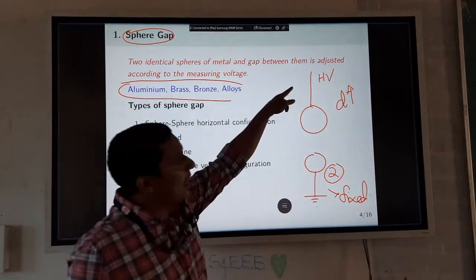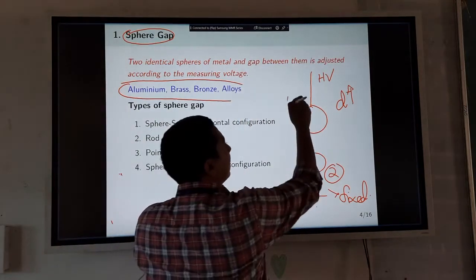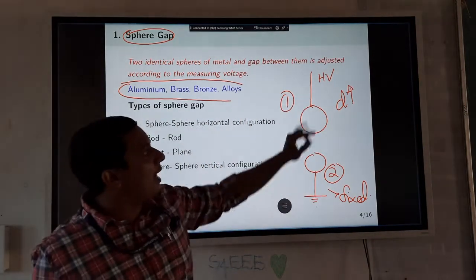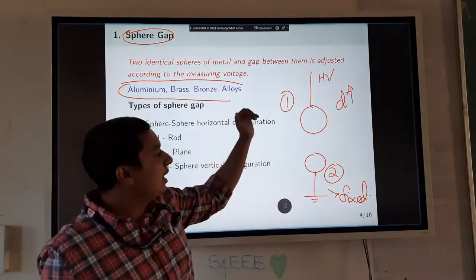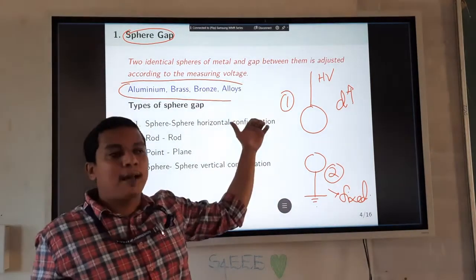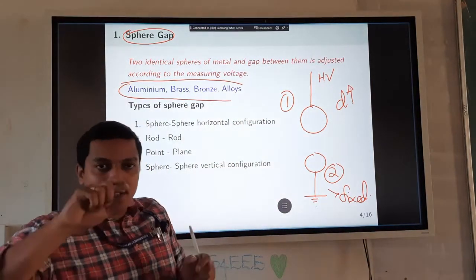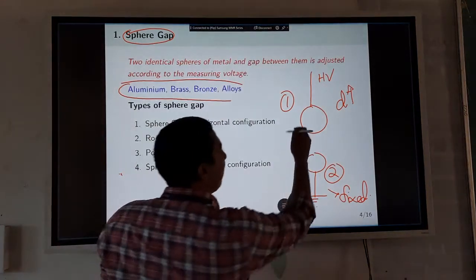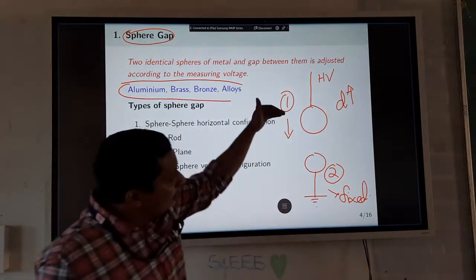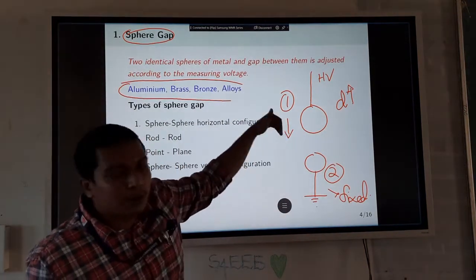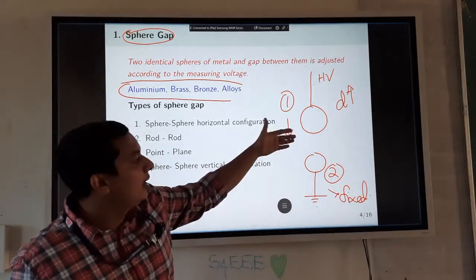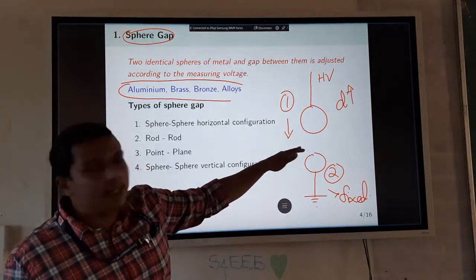Once we apply our high voltage to the first sphere, we know that breakdown is not happening, and outside the control room we will start decreasing the distance. We will make the spheres come closer. Whenever the spheres come closer and closer, the chance of having a breakdown is more.